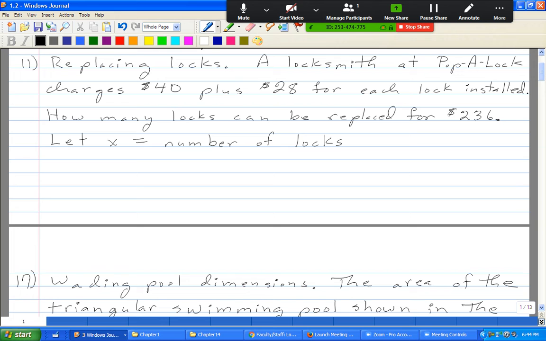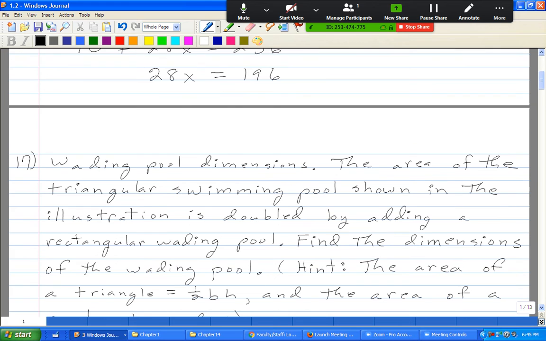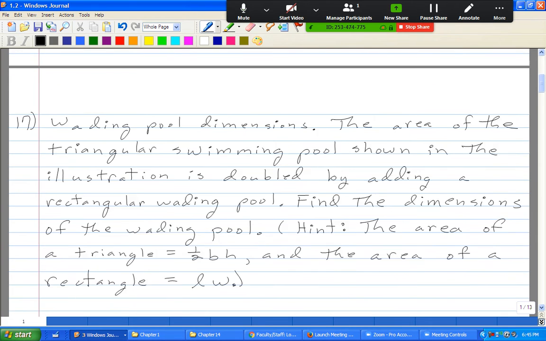This locksmith charges $40 plus $28. So no matter what, just coming to your house, he charges $40 plus an additional $28 for each lock installed. I want to determine how many locks can be replaced for $236. So let me subtract 40 from both sides of my equation. And then let's divide both sides of my equation by 28.